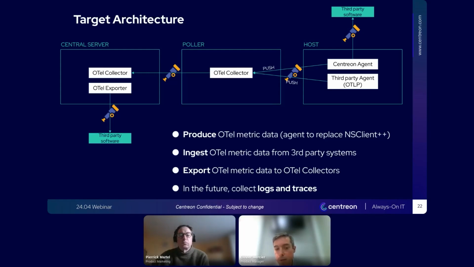Then we have to be able to ingest them from any provider of telemetry data, and then be able to send them to third-party collectors in order to be a part of the OpenTelemetry ecosystem. The logs and traces are more of a long-term idea for us.